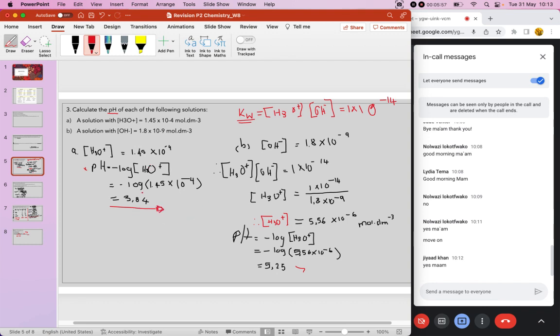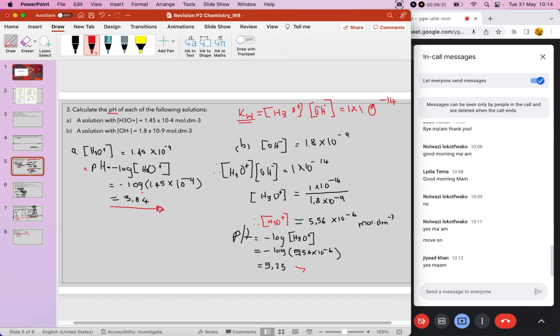It's simple: when you're just given the concentration of the H3O plus, you just substitute into the pH equation and calculate your pH.